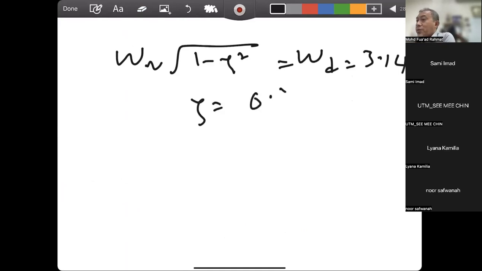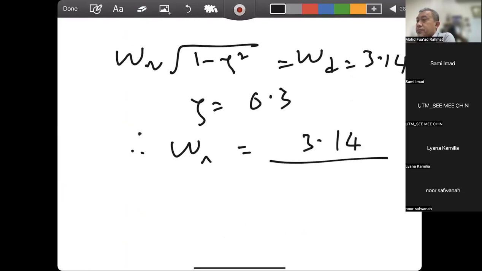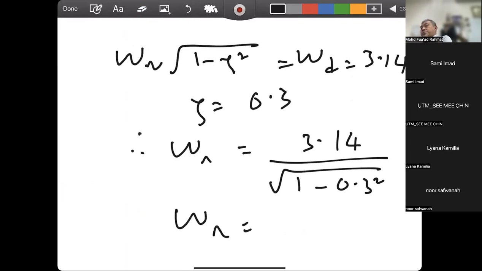Zeta is 0.3, so therefore omega n is 3.29.